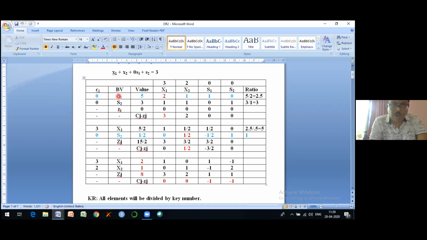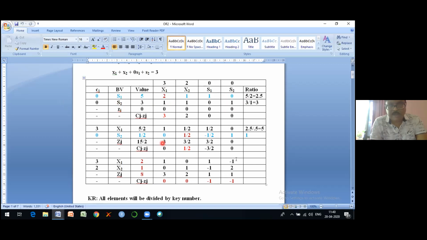So instead of S1, which variable will come? X1. And S2 will also be there. There is no problem about S2. The problem is X1 is coming and S1 is going. So one is the incoming variable, another is the outgoing variable. Here the incoming variable is x1 and the outgoing variable is s1.